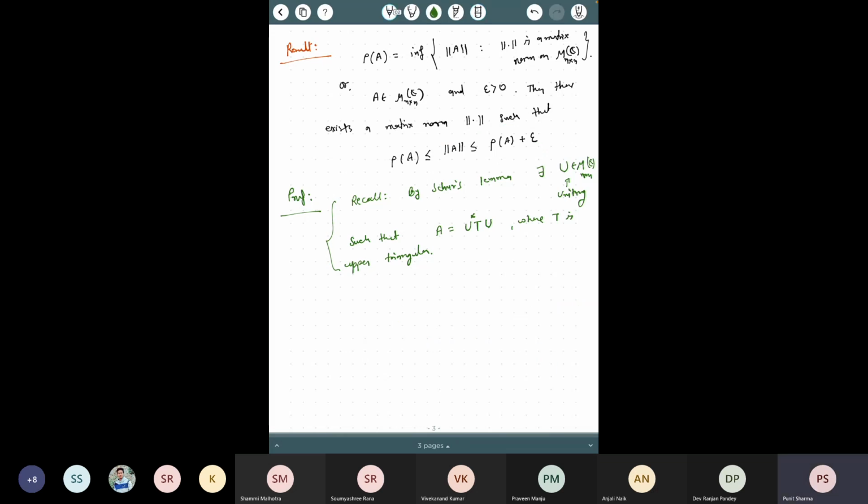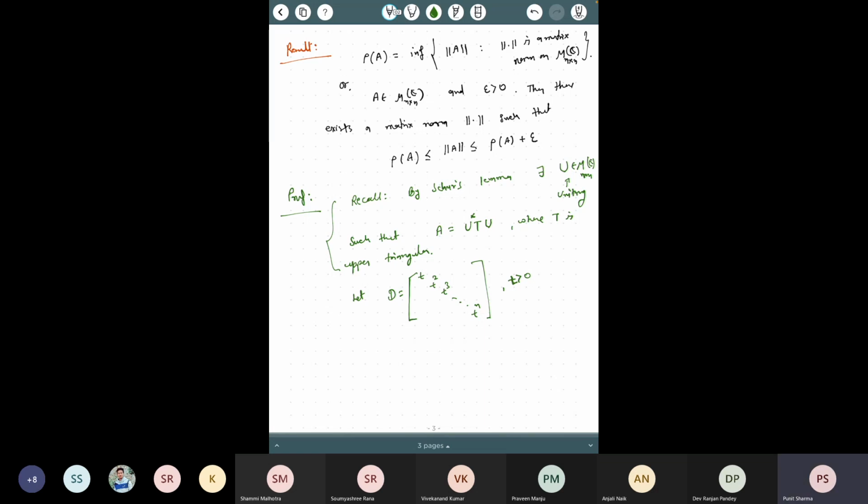Let us see how we can do that. I will construct a diagonal matrix D, where at the diagonal I have t, t square, t cube, and so on up to t to the power n, where t is some positive real number.